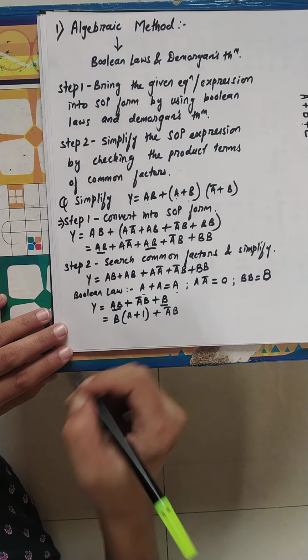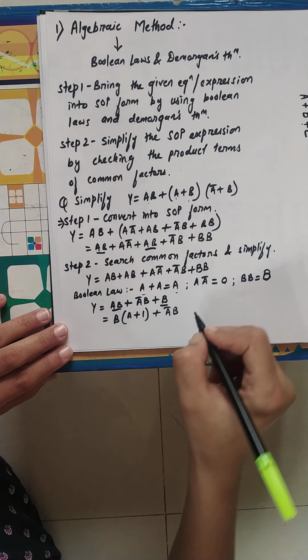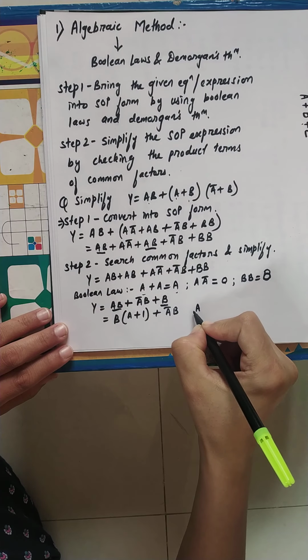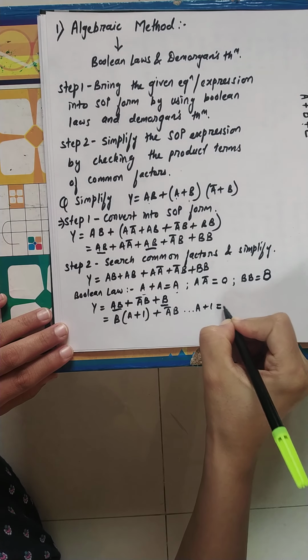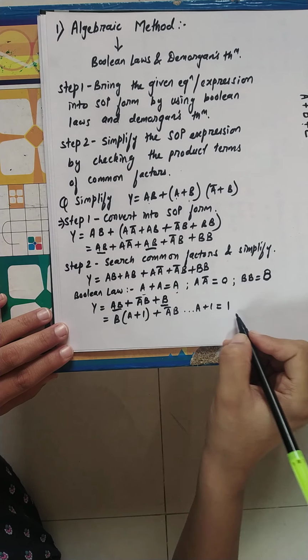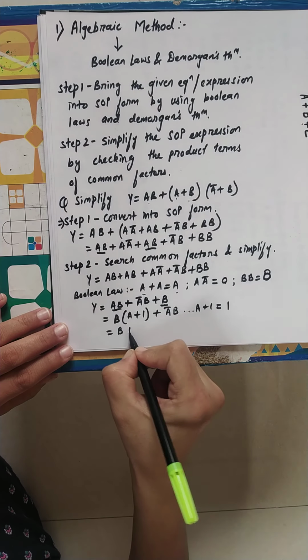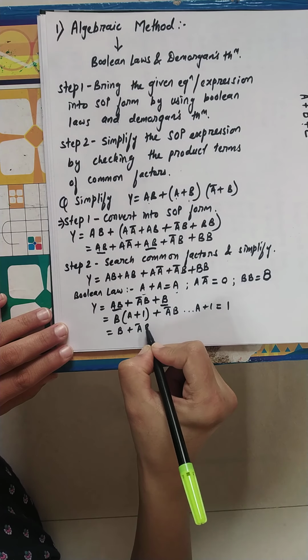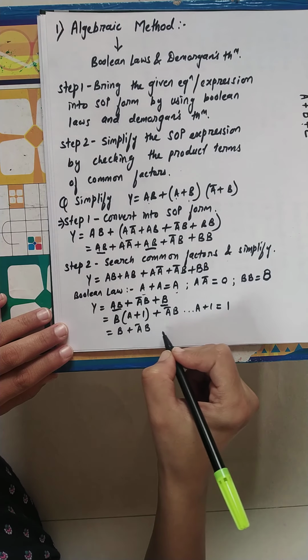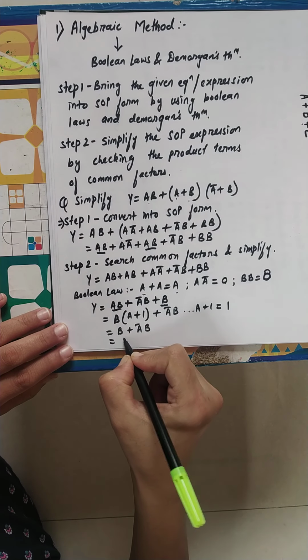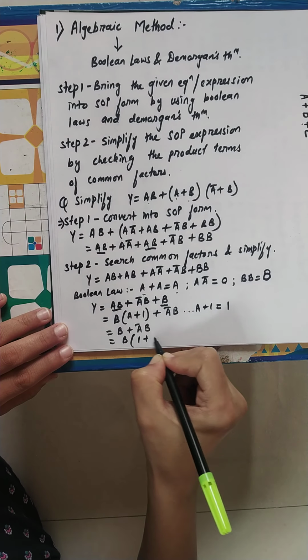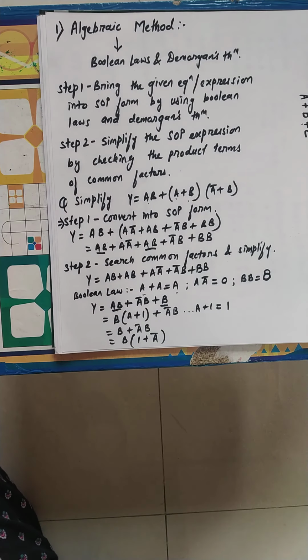Now one more Boolean law we have to apply, A plus 1 equals 1, right? As per this Boolean law, it will be written as a single B plus A bar B, right? Now again you can see that B is common, so I'll take B as common: B times (1 plus A bar).